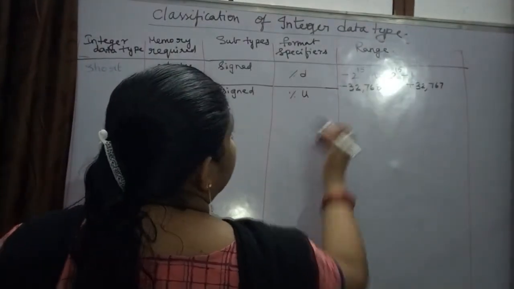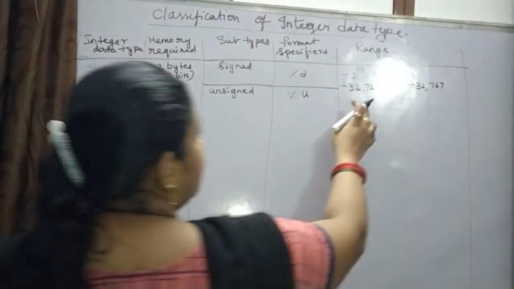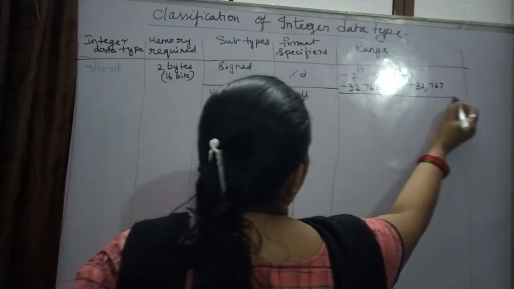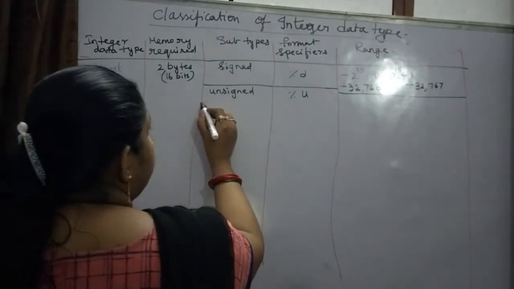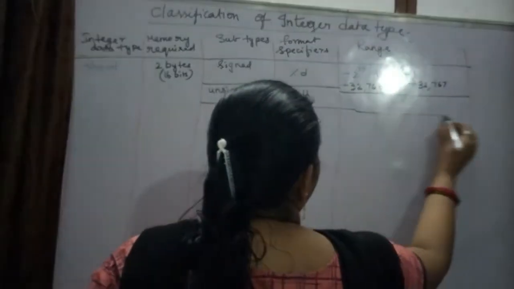Okay, you can calculate it and check. So this is the range of values for what? For only signed. Now for unsigned, I'll tell you.